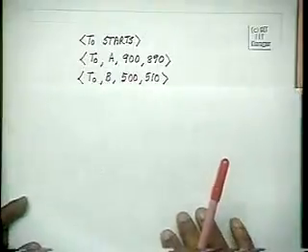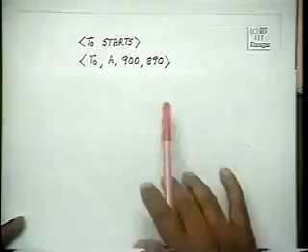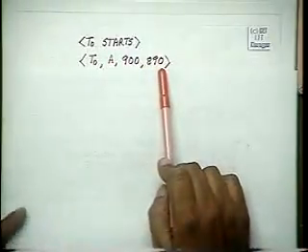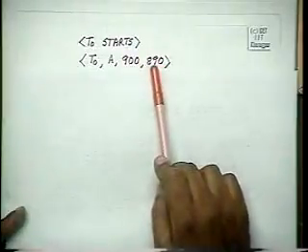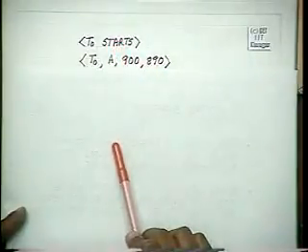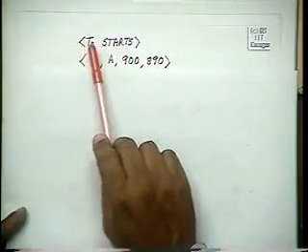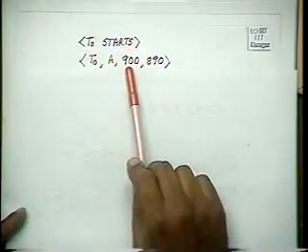But in a situation like this, where this log record is already there, we know that due to immediate database modification, this value may have already been written onto the disk. Since this transaction is not fully over, before restarting T0 we have to undo this, so we have to write back 900 into the disk.